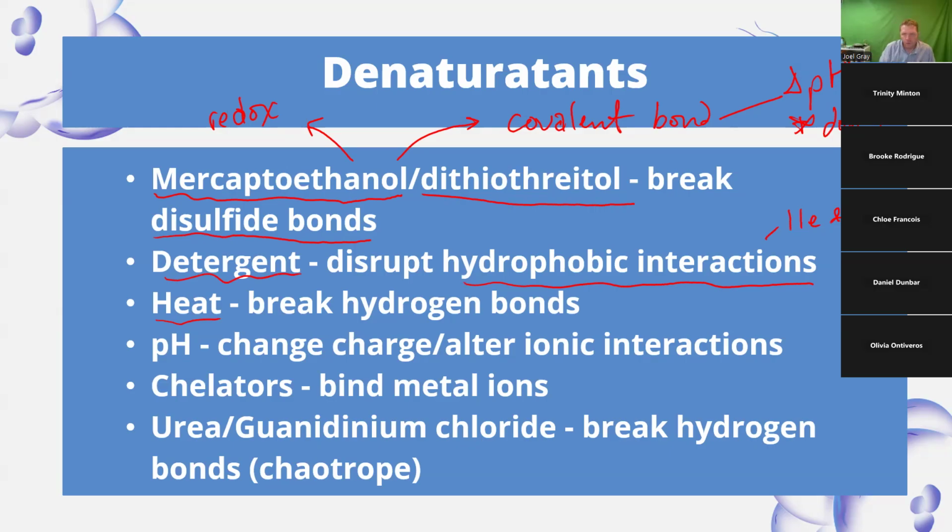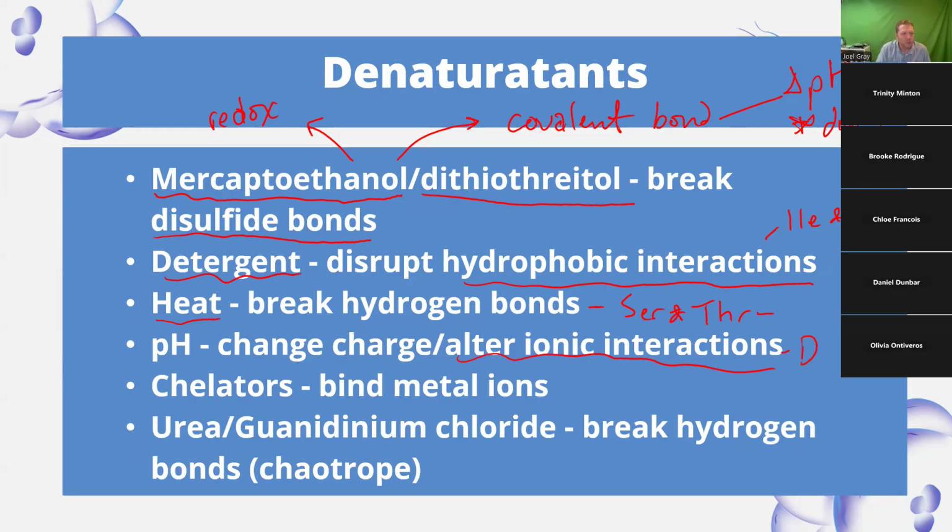If you do a heat treatment of a protein, what you're aiming to do is break a bunch of hydrogen bonds. So amino acids like serine and threonine, for example. Add enough heat, the interaction between those two R groups will be disrupted. Alter the pH, and you're going to change the charge of different amino acid R groups, and therefore you're going to be altering ionic interactions.